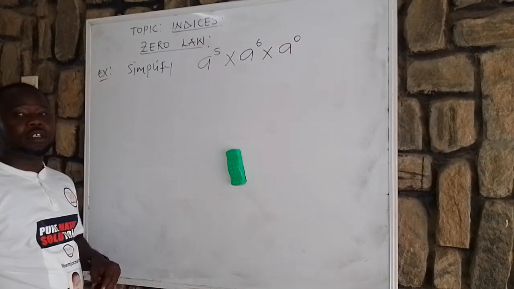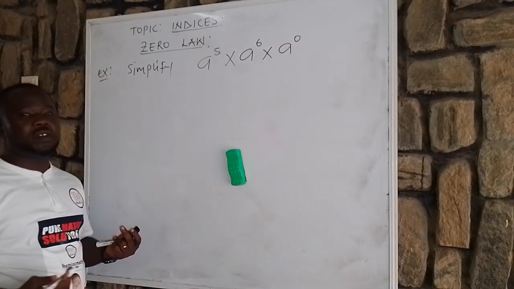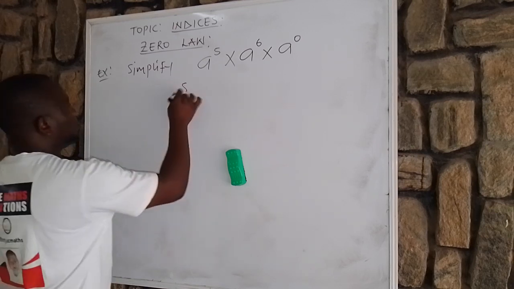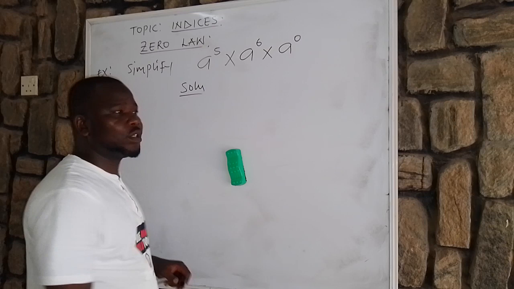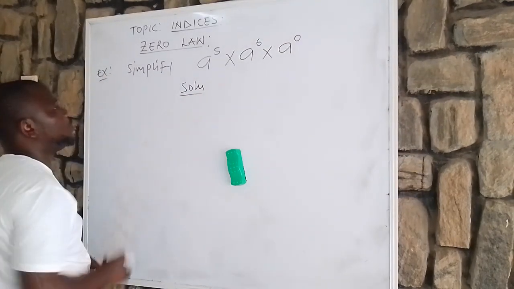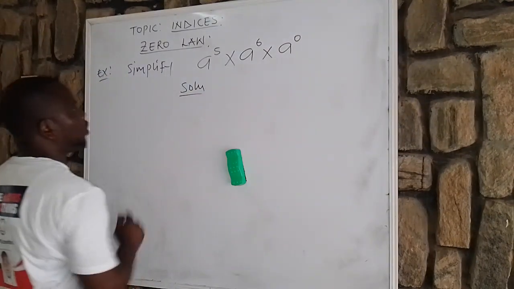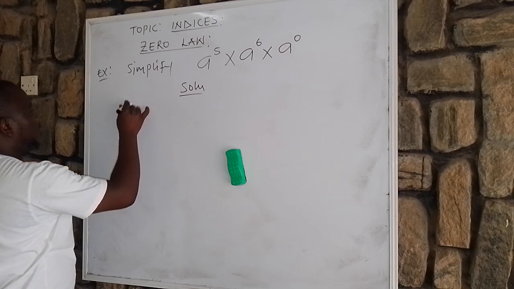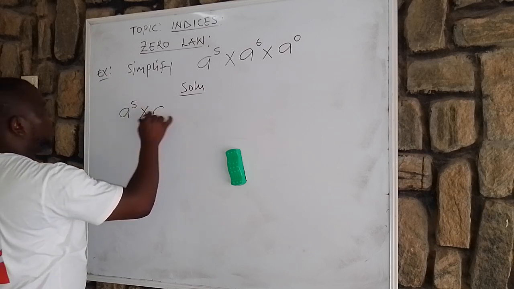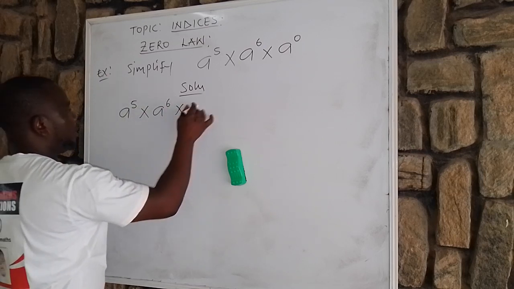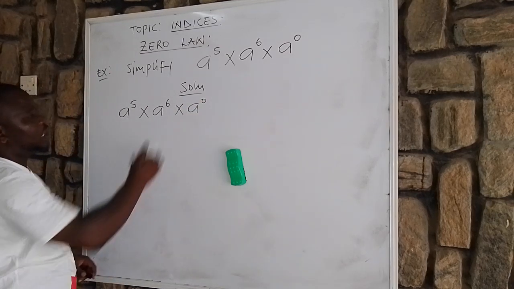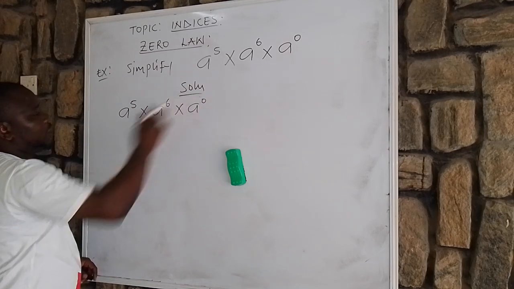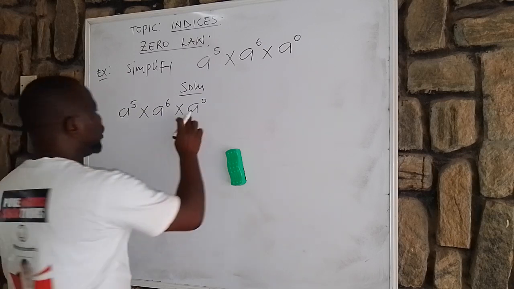You can come across questions like this. This is coming from indices, true or false. So what you need to do is multiplication law. We write it down: a raised to power 5 times a raised to power 6 times a raised to power 0. But I told you that anything raised to power 0 is 1. So here will be 1.